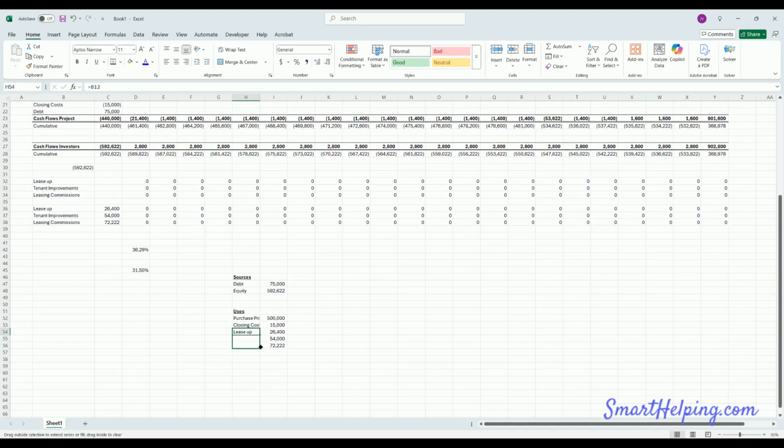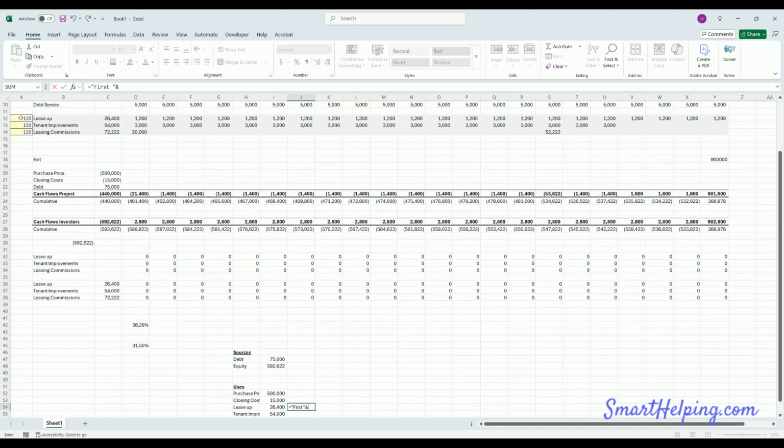Lease up, and then you can put a dynamic calculation saying, this is first space and this space and a month.